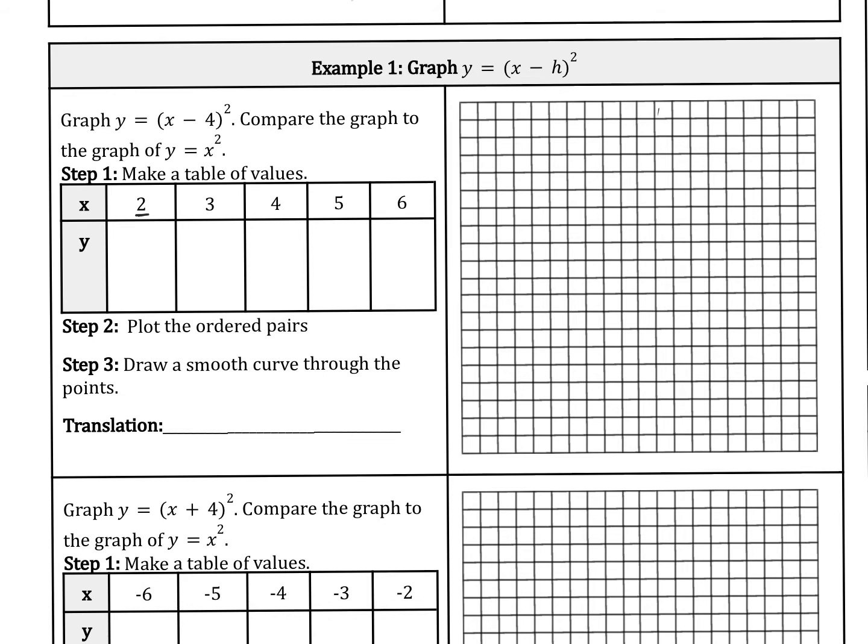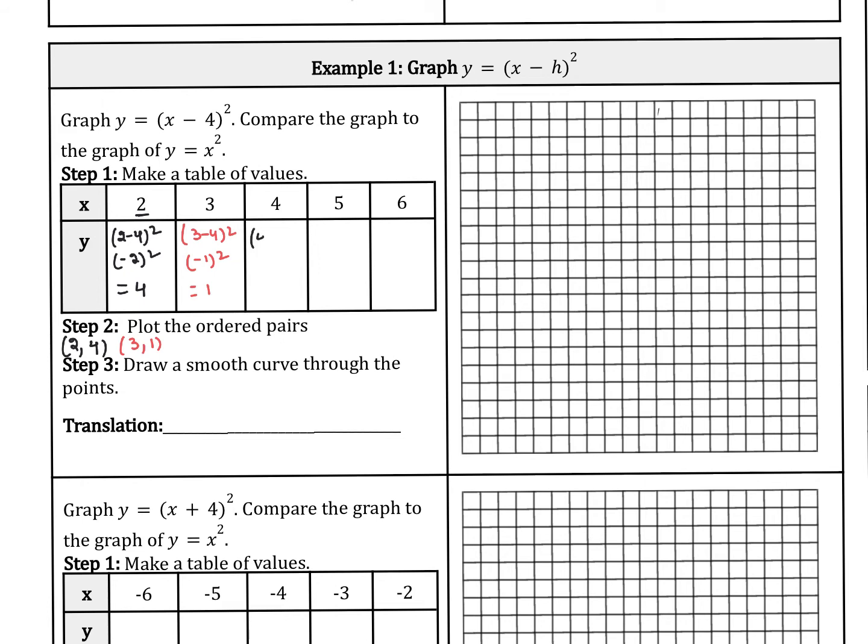The first value is 2. So (2 minus 4) squared is (negative 2) squared, which is 4. My first point is (2, 4). My next point is (3 minus 4) squared, which is (negative 1) squared, which is 1, so (3, 1).